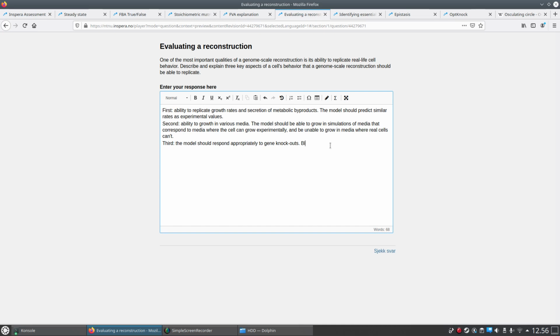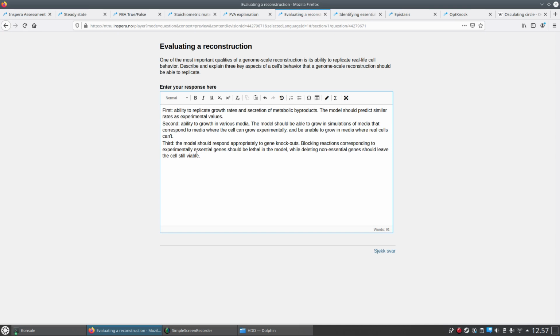Blocking reactions corresponding to experimentally essential genes should be lethal in the model, while deleting non-essential genes should leave the cell still viable.